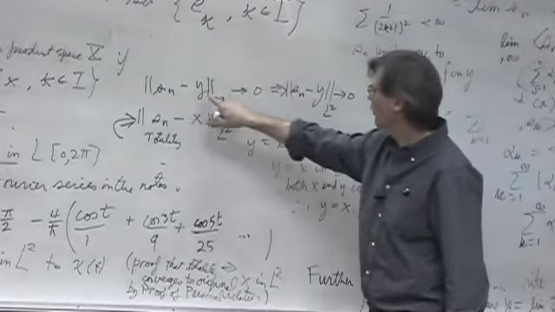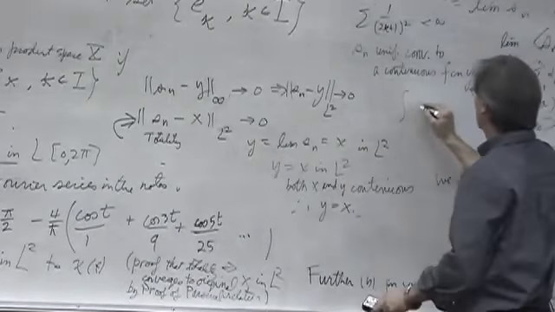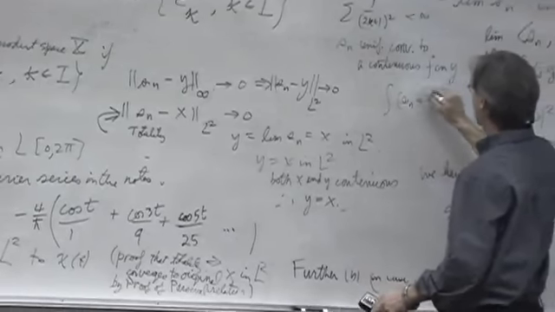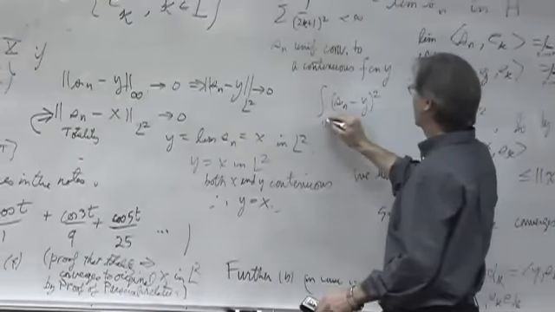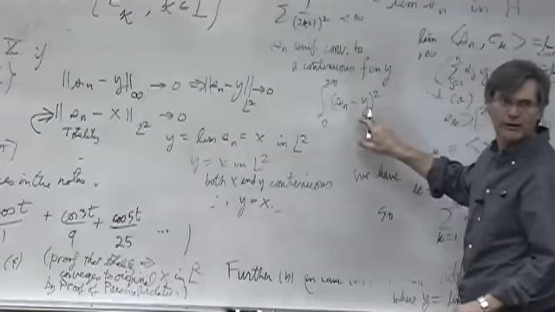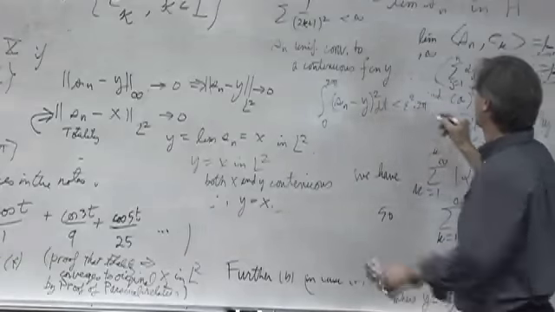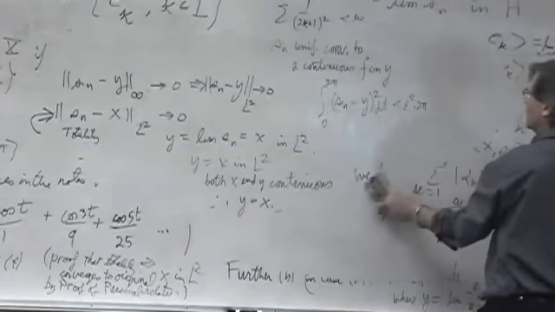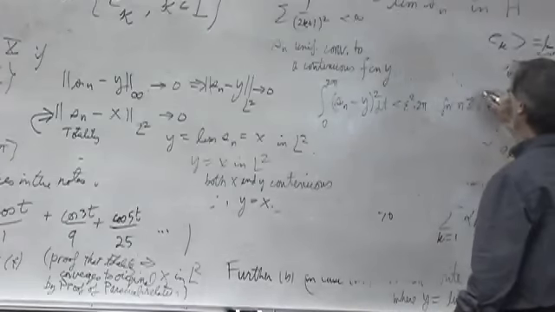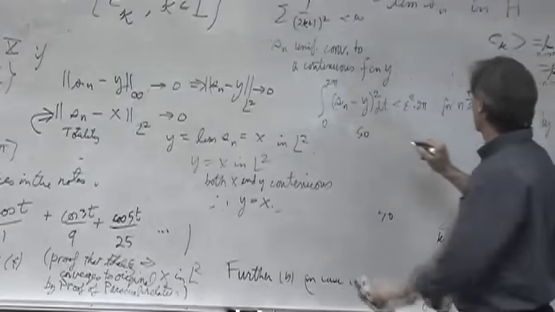But if I have uniform convergence, then if I take Sn minus y, square it, and integrate from 0 to 2 pi, since this is less than epsilon uniformly, this will be less than epsilon squared times 2 pi, for n greater than or equal to capital N sub epsilon, by uniform convergence.